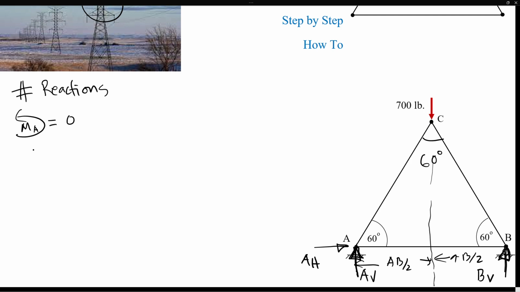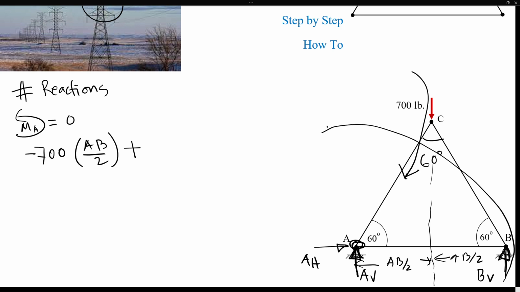So if you take moments with respect to A, the 700 will cause a clockwise moment, so that's going to be negative, and it is AB by 2 away from point A. Then the reaction at B will cause a positive, counterclockwise moment, VB times the distance, which is AB from A, and everything sums to 0.